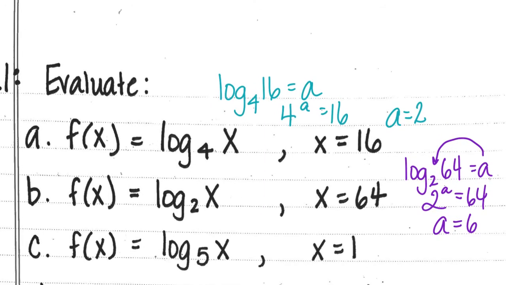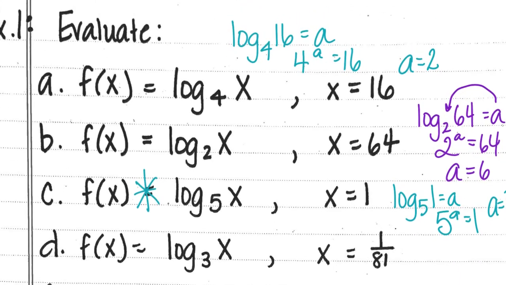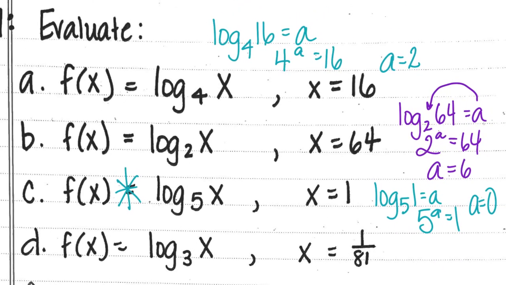A couple that we should recognize. This is saying log base 5 of 1. So this is saying 5 to what power is 1? Well, I know that anything to the 0 power is 1. So this is a good one to star, circle, highlight to make sure that you know how to do it. And we just did one like this, log base 3 of 1/81.